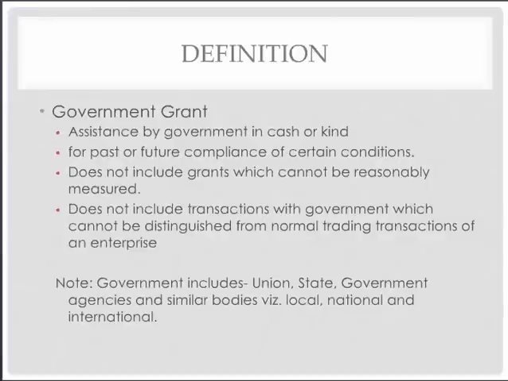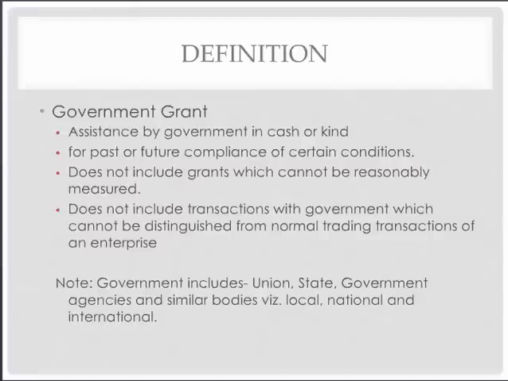That means you have already complied with certain conditions because of which you are getting grants, or there can be a case where you are required to comply with certain conditions, otherwise you will have to refund the grant. However, you can only recognize it if you are reasonably certain that you will fulfill such future conditions. But it is covered in the definition of government grant.